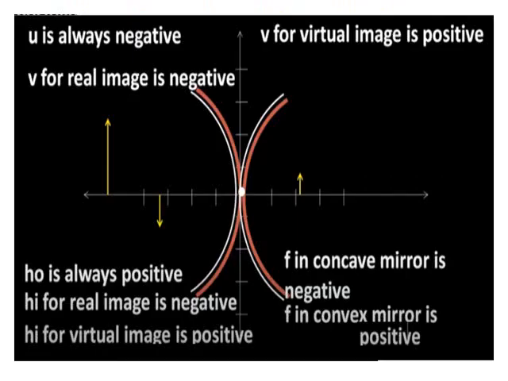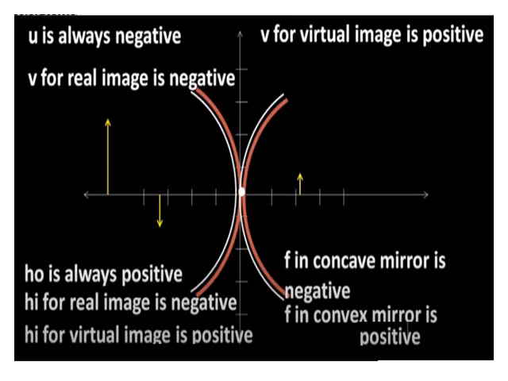Children, this is a very important slide providing you the basic knowledge about the sign of all the terms H, U, V and F. It is very simple when you understand, but very complex and complicated when you don't. Now I have taken two mirrors. The concave mirror is on the left and the convex mirror is on the right.